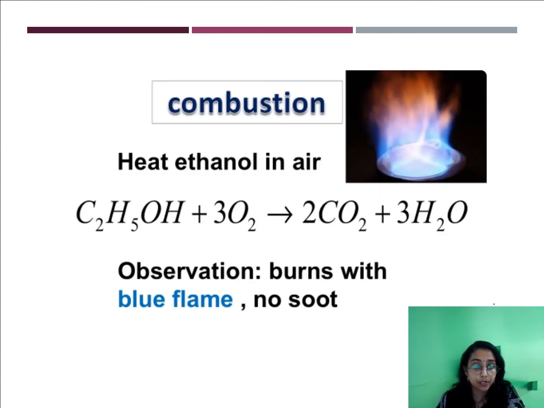First, combustion. Remember, alkene, alkyne, and even alcohol will combust, they will burn and form carbon dioxide and water. The difference between alkene and alcohol is that alkene will burn with a yellow flame, whereas alcohol will burn with a blue flame because it's a clean fuel, does not produce any pollution, and no soot will be produced.